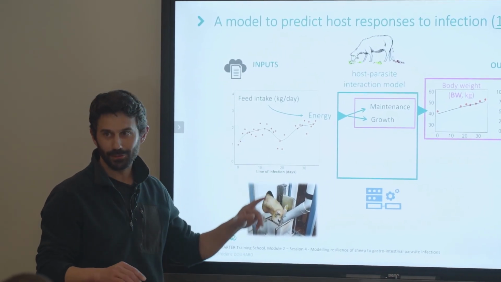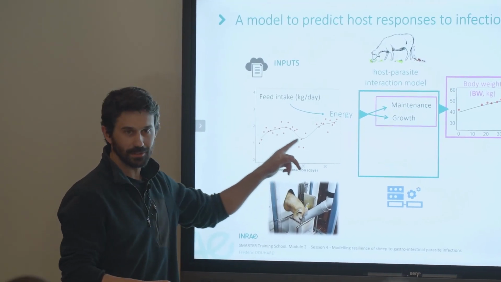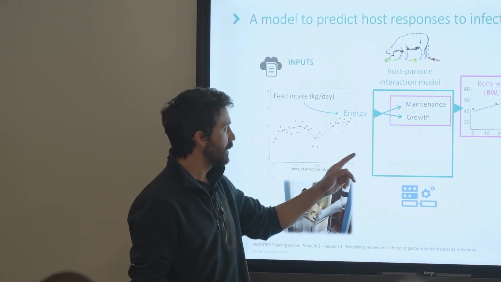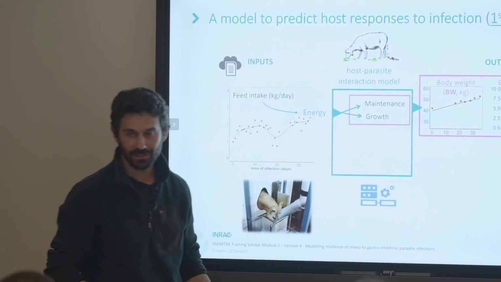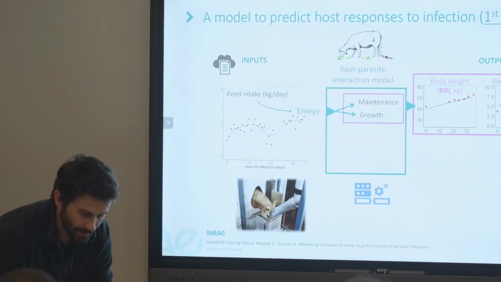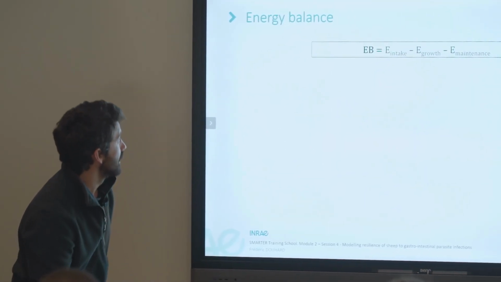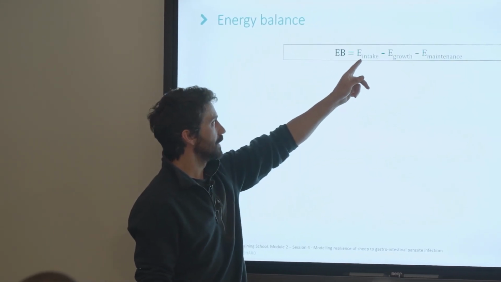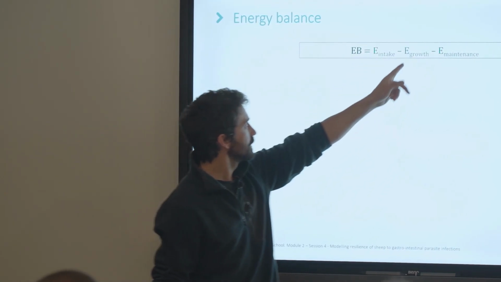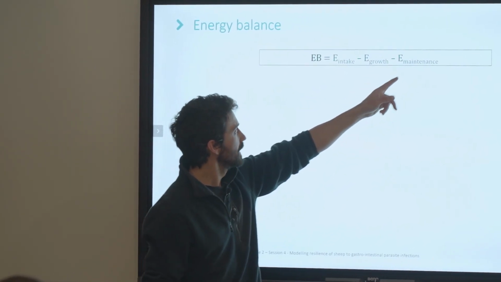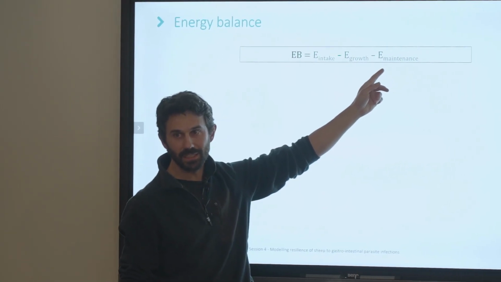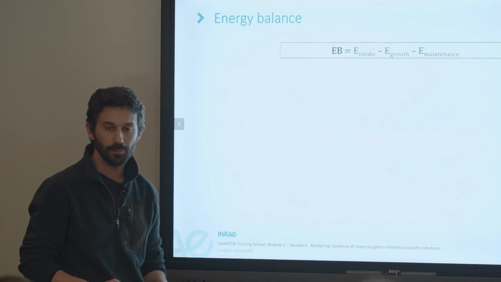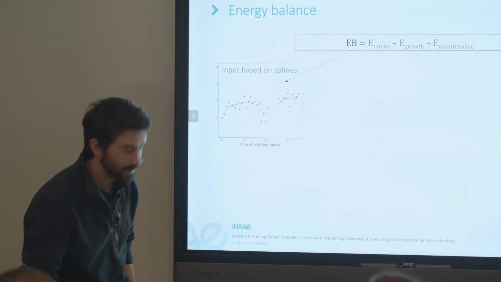So I think now you are experts on this kind of method. With this input, we will predict the body weight and the back fat thickness. So basically, we have the energy balance. That is the energy intake minus the energy that is needed for growth and the energy that is needed for maintenance. And so far, we will ignore the energy cost of parasite resistance.